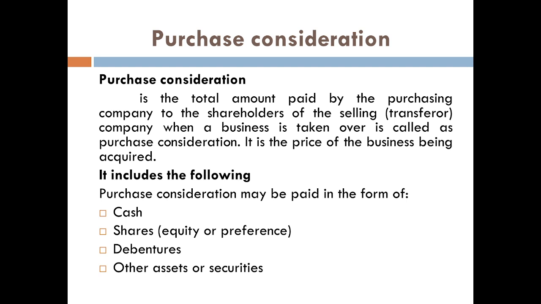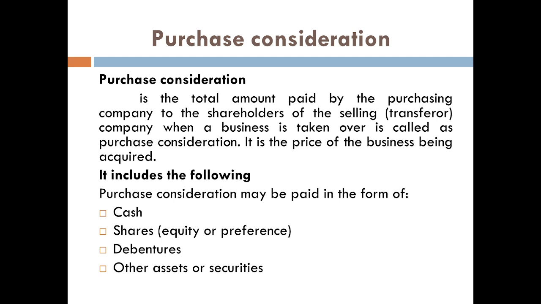Now we come across purchase consideration, which is the central element of amalgamation or absorption or external reconstruction, whatever it is. We need to determine at what price it is sold or bought. Purchase consideration is the total amount paid by the purchasing company to the shareholders of the selling or transferring company where a business is taken over. It is the price of the business being acquired.